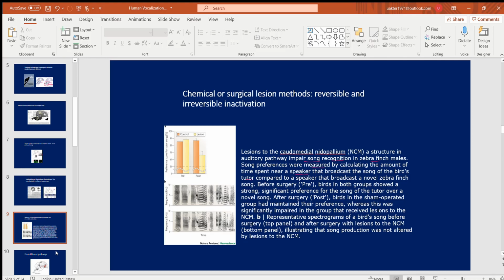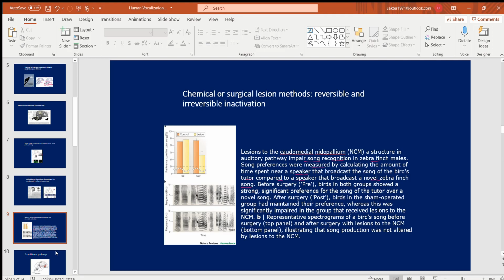Okay, and then they compared the behavior of the bird with the broadcast that was presenting a novel zebra finch song, so tutor song, as well as a new song from the same species.